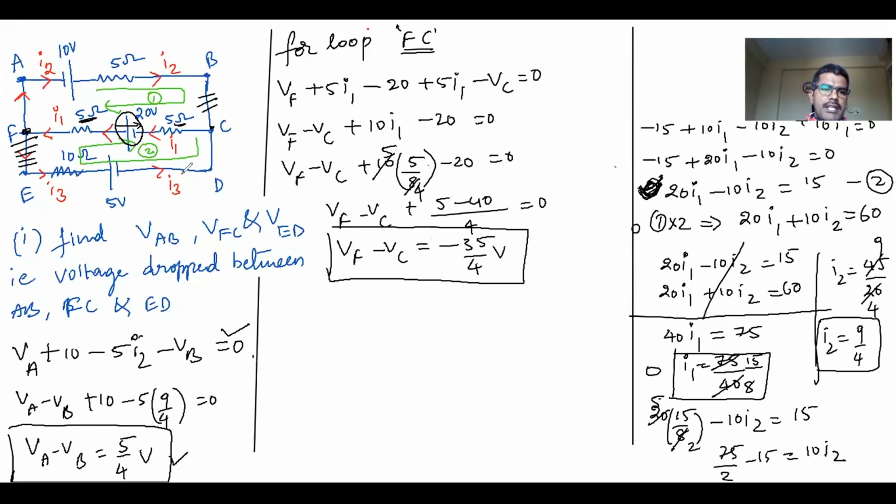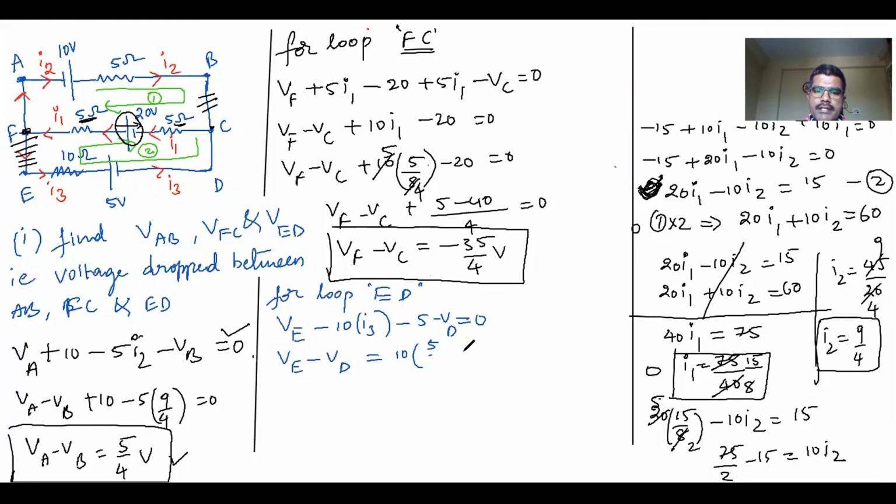Next, from E to D, you can take the loop. For loop E to D, start from E. VE minus 10I3 minus 5 minus VD is equal to 0. VE minus VD is equal to 10 into I3, which can be written as I1 plus I2, minus 5. I1 plus I2 is 5 by 8 plus 9 by 4, minus 5.